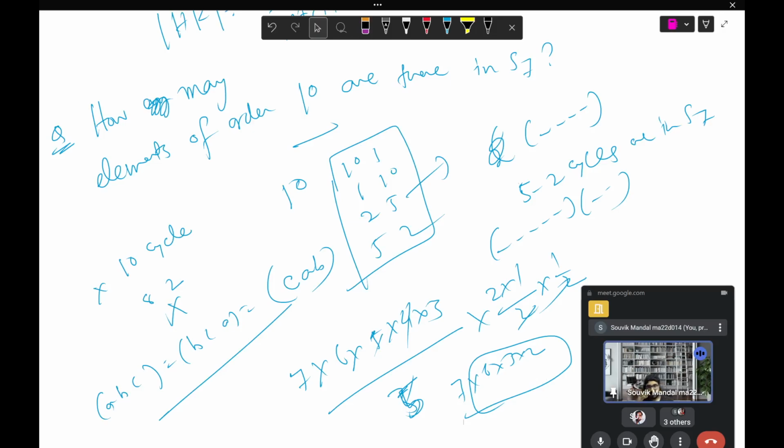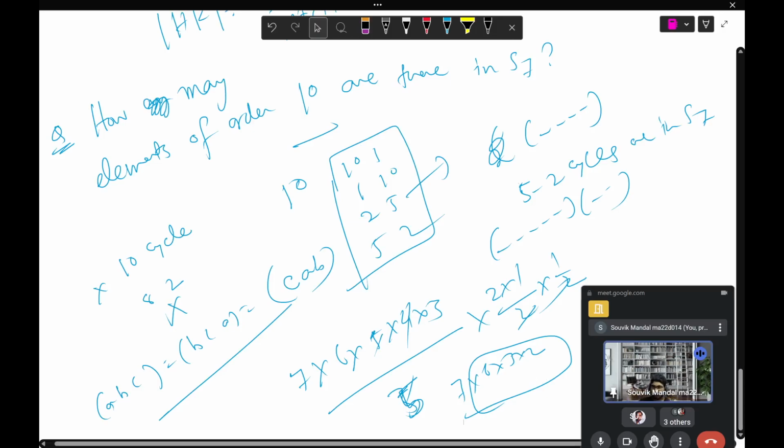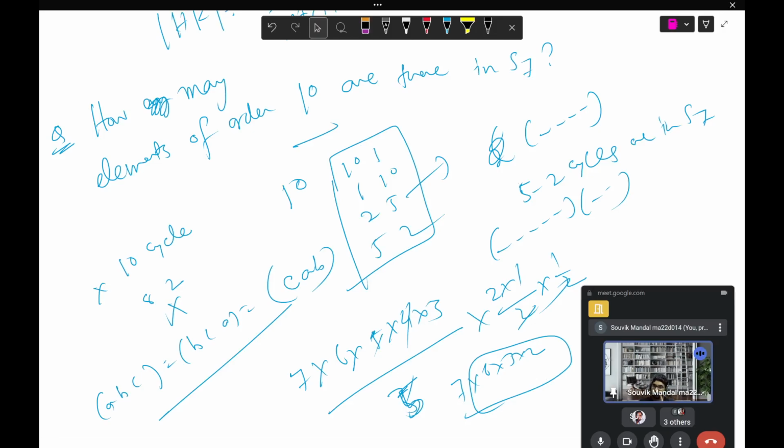Now, since there is no 10 cycle, the first possibility is that in that element there will be a 2 cycle. But as long as we have a 2 cycle, the other choice we have is only a 5 cycle, right? So the first possibility we got is the 5 2 cycle, correct?